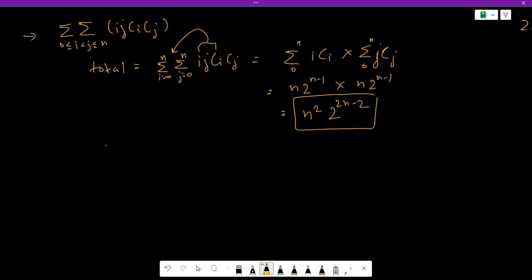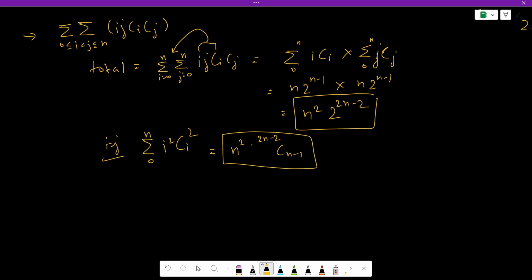Now to get the diagonal part, we will put i equal to j. So we get i square ci square summation 0 to n. Now this is equal to n square into 2n minus 2 cn minus 1. So this also we have discussed in our last video. Now we have the diagonal part also.